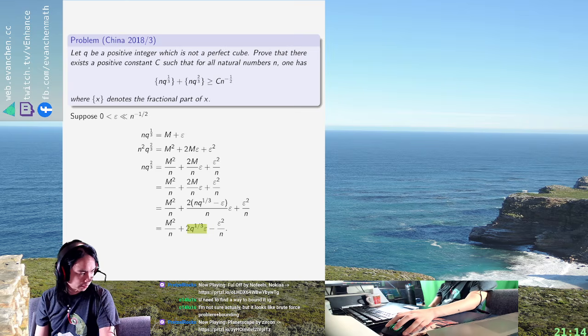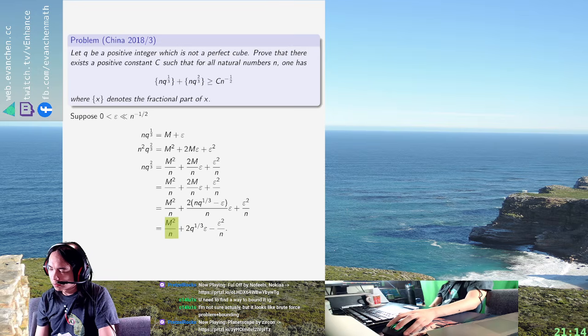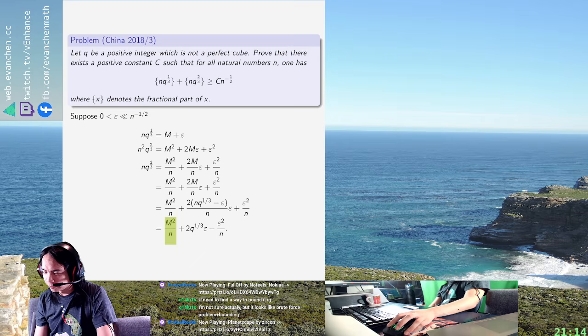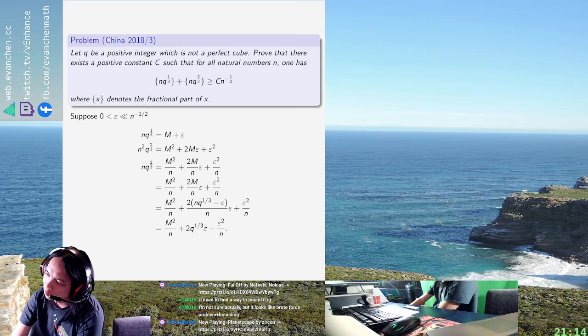This error term feels like it's around square root n. But the problem is this guy. Whatever fractional part comes out of this is actually the smallest thing. It's the m squared over n, which is not what I want to see at all. The 1 over n is the finest term, but there can be a lot of copies of it if the residue of m squared mod n is pretty big.